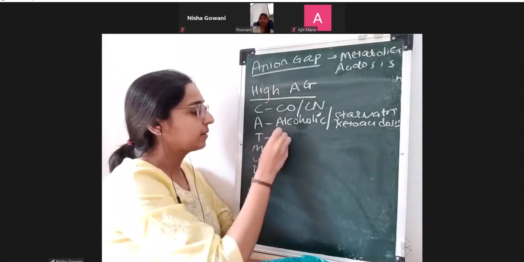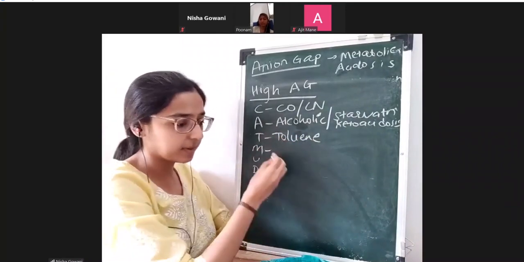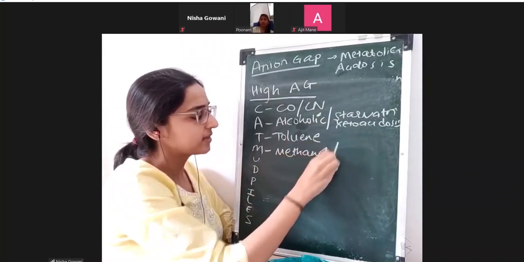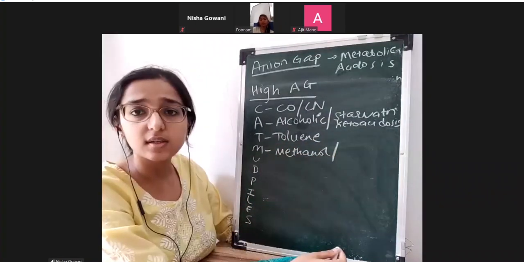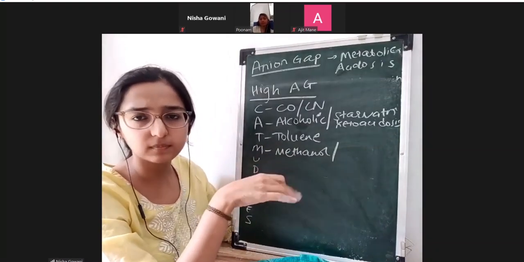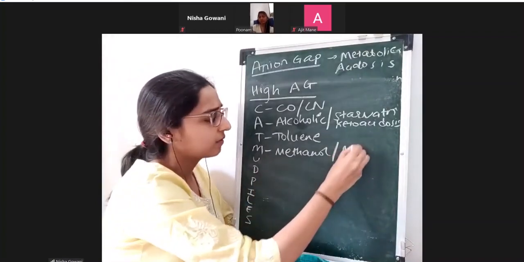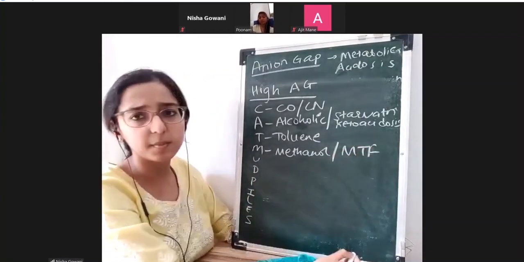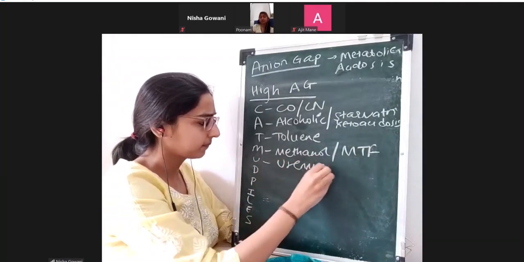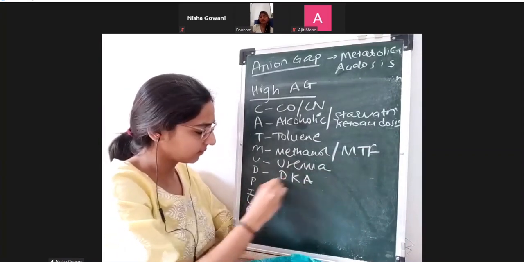Then if the patient is having toluene toxicity, or methanol poisoning. Methanol is what, when a patient comes after drinking desi daru, local alcohol, that contains methanol, right? So methanol poisoning. Or if the patient has had excessive metformin. If uremia, then D is for diabetic ketoacidosis.